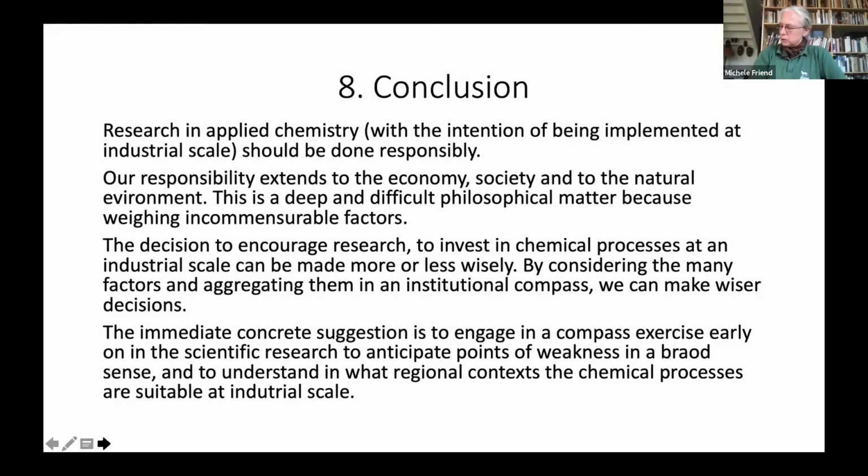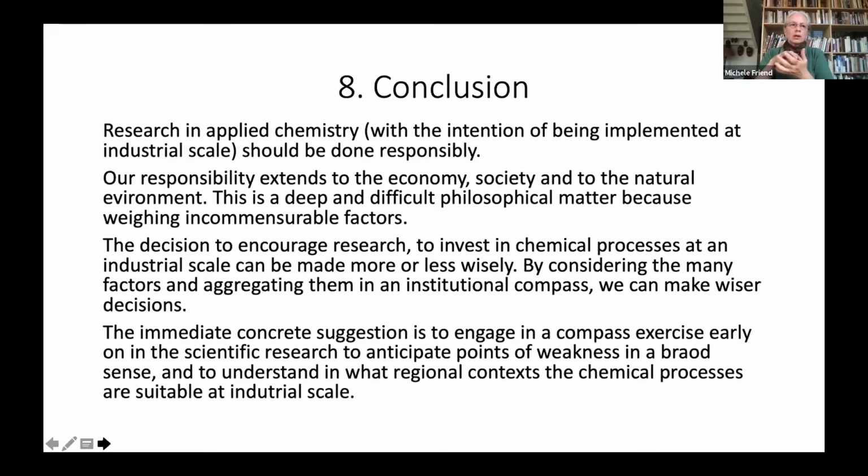The decision to encourage research to invest in chemical processes at an industrial scale can be made more or less wisely by considering the many factors and aggregating them in an institutional compass. We can make wiser decisions. And the immediate concrete suggestion is to engage in compass exercises early on in the scientific research to find out two things.